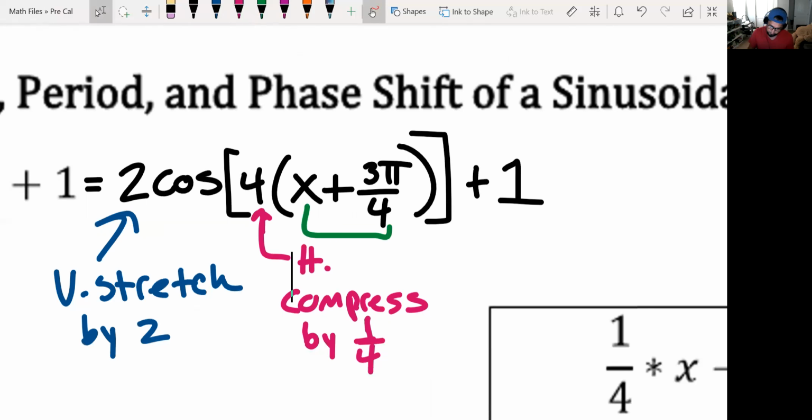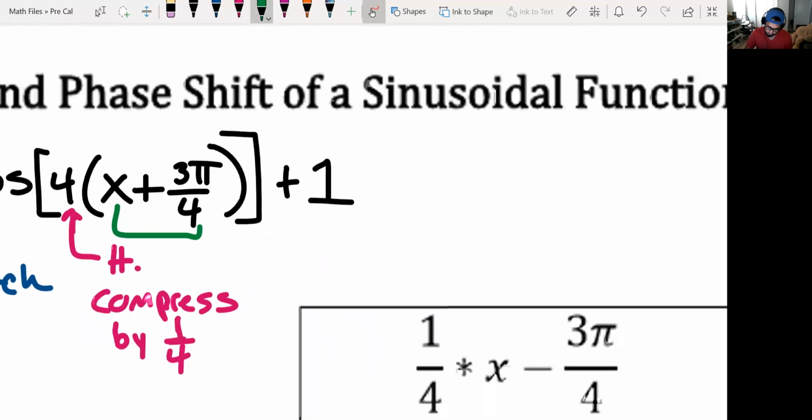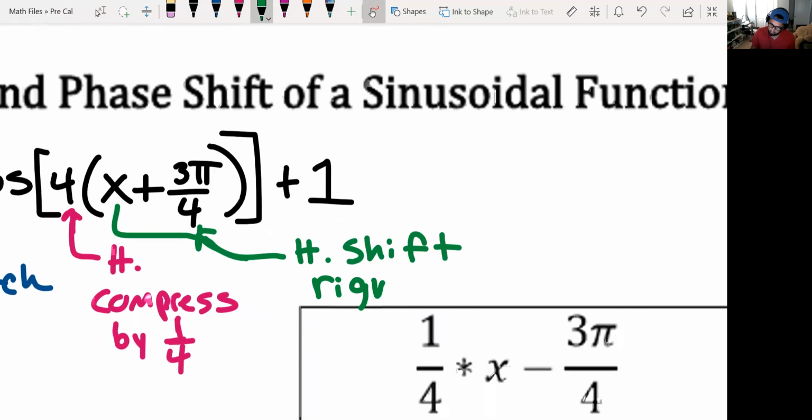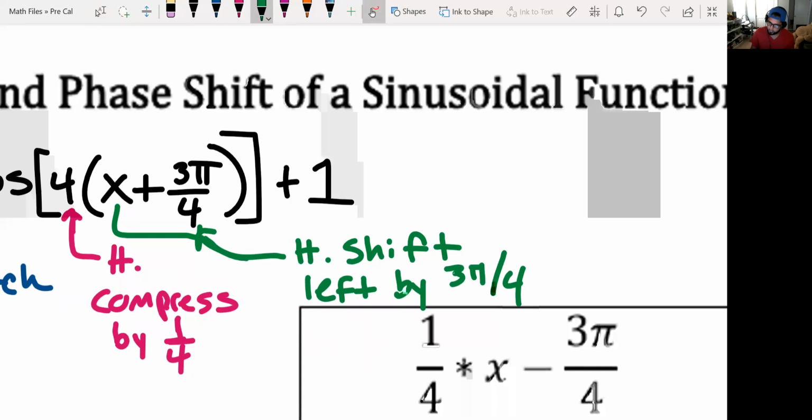The green is the horizontal shift, actually not right, left, because it's x plus, so it's going to be to the left by 3 pi over 4 units.